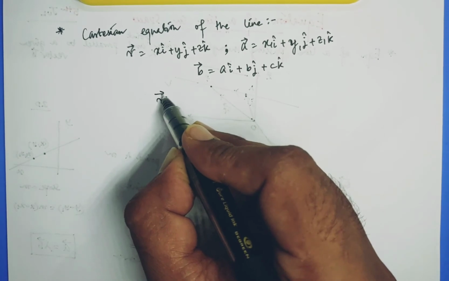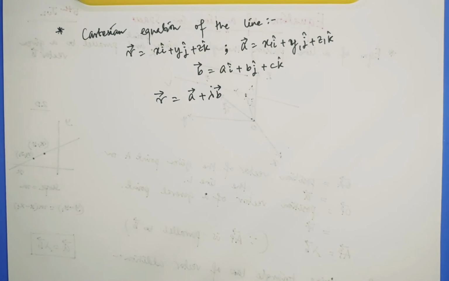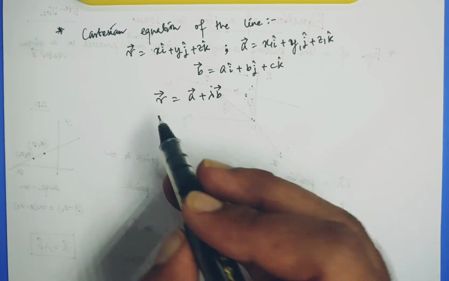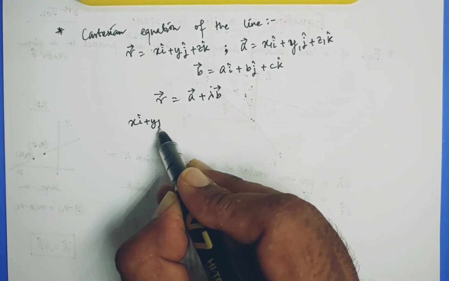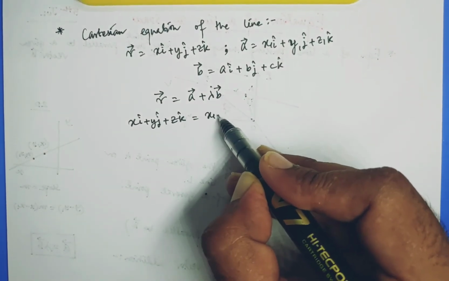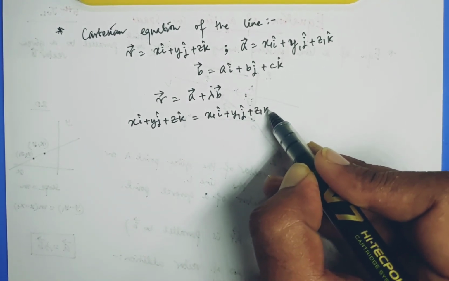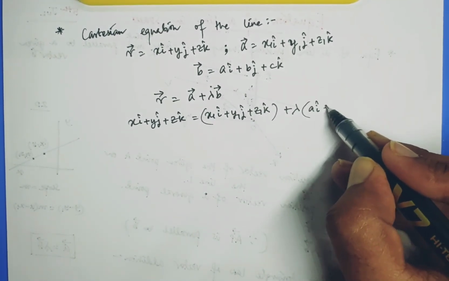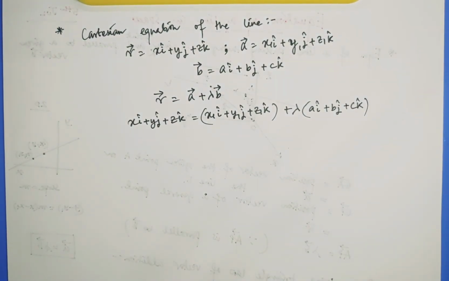It was R vector is equal to A vector plus lambda B vector. Now put all those in here. So what do we have in component form? This one becomes Xi cap plus Yj cap plus Zk cap is equal to x1 i cap plus y1 j cap plus z1 k cap plus lambda into A i cap plus B j cap plus C k cap. This is what I get, right?